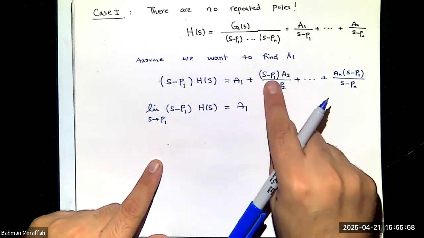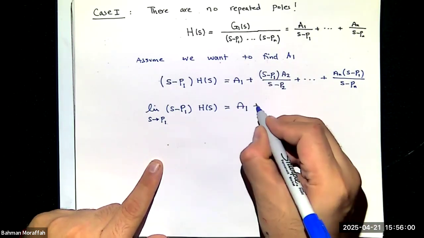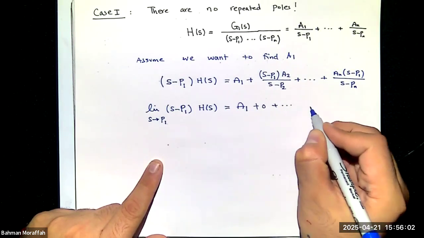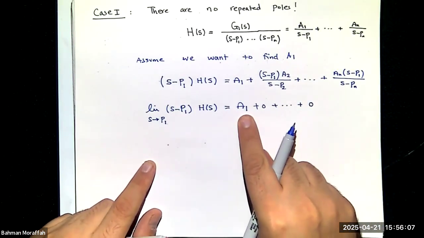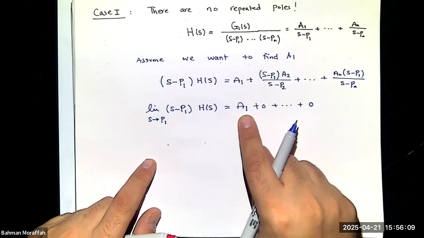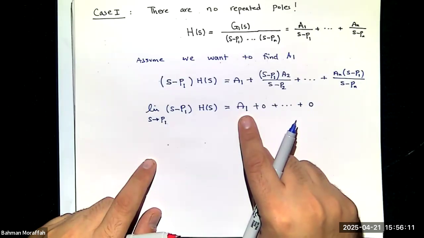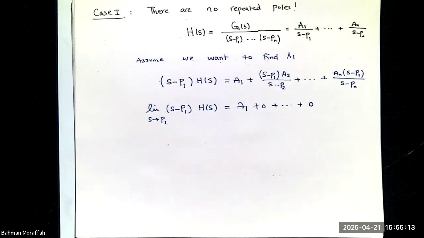It's 0, because the numerator is 0. And every other term would be 0. The only thing I'm left with is A1. So I can generalize this to any Ai I want. There's nothing specific about this A1.